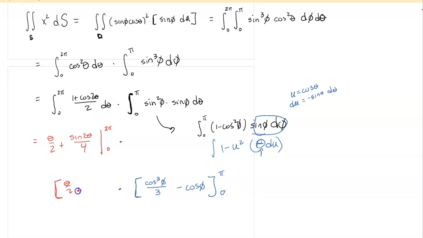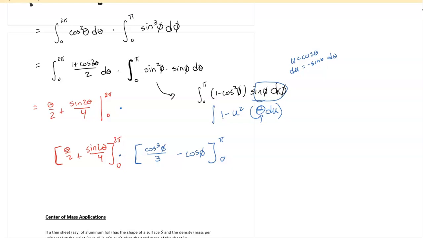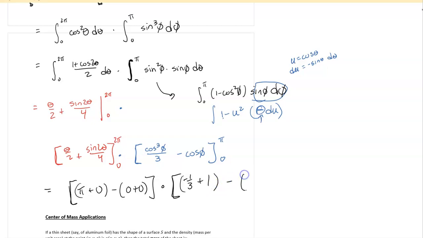So when we get through with all of this, what do we end up with? That is going to be pi plus 0 minus 0 plus 0 times cosine of pi is negative 1, to the third is negative 1, so that's negative 1/3, minus negative 1, so that's plus 1, minus cosine of 0 is 1, so that's going to be 1/3 minus 1.